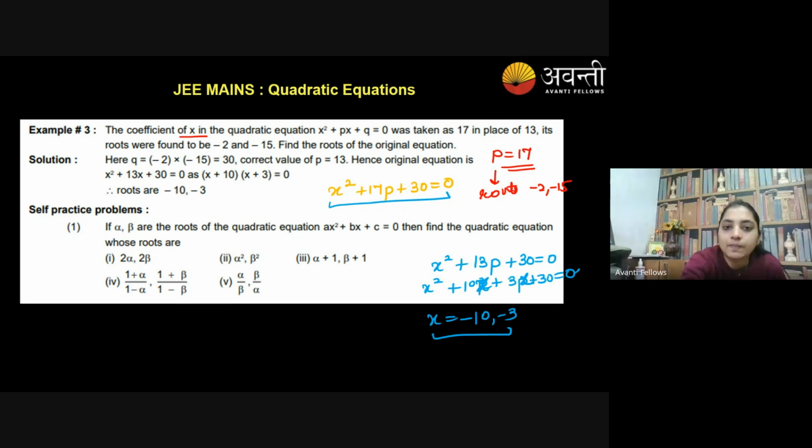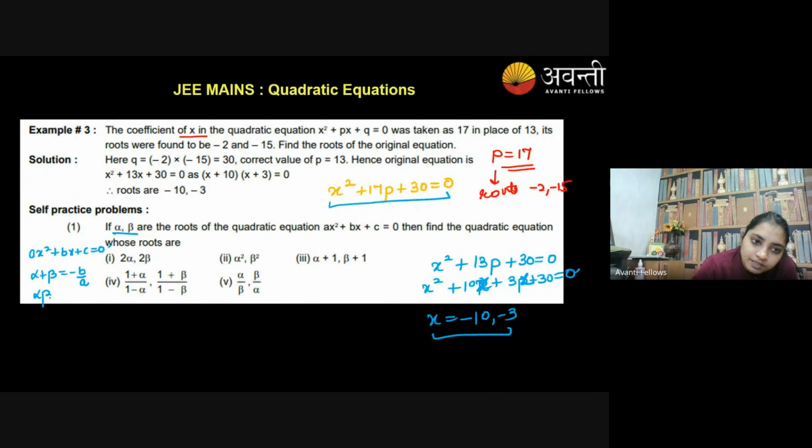Okay. So when alpha and beta are the roots of a quadratic equation, find the quadratic equation. So my dear bacha party, if alpha and beta are its roots, then you can say ax square plus bx plus c is equals to 0. It means alpha plus beta should be minus b upon a and alpha into beta is c upon a.